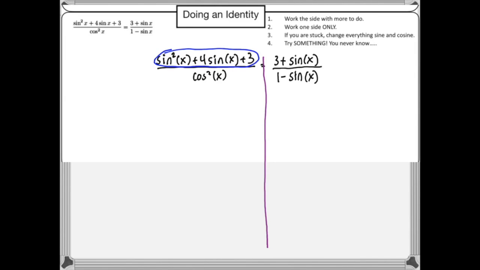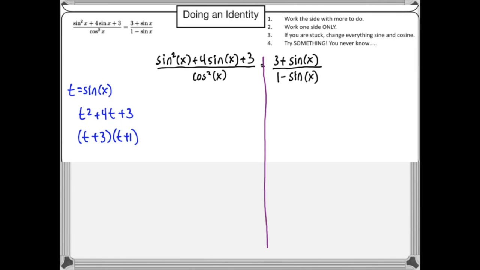If I look at this part right here, what can I do with that? It looks an awful lot like if I were to substitute out, let t equal sine x, I can go ahead and put t squared plus 4t plus 3, and factor it out. After I factor that out, I need 2 numbers that multiply to 3 and add to 4, so I get t plus 3 times t plus 1.